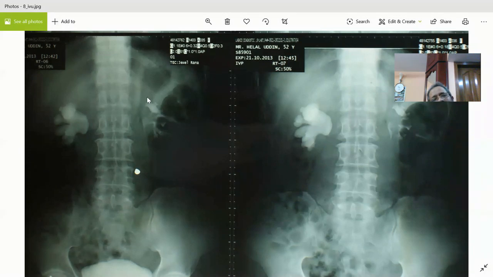Look. So the calyces are enlarged in comparison to the pelvis, but usually that is not the common phenomenon. Commonly, the calyces are smaller, join together and form the pelvis. So the pelvis is the larger one. But here, the calyces are larger. Why are the calyces larger? So you can easily understand.